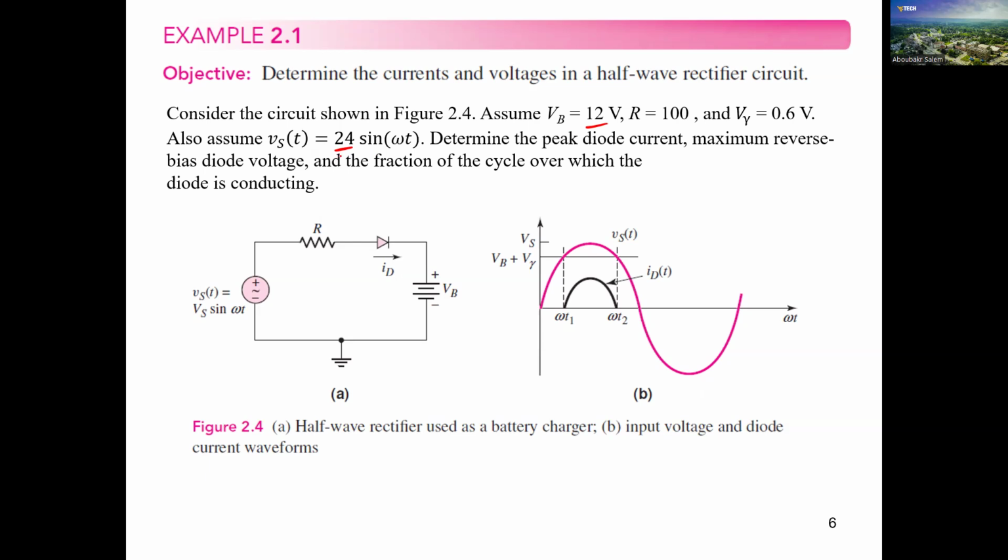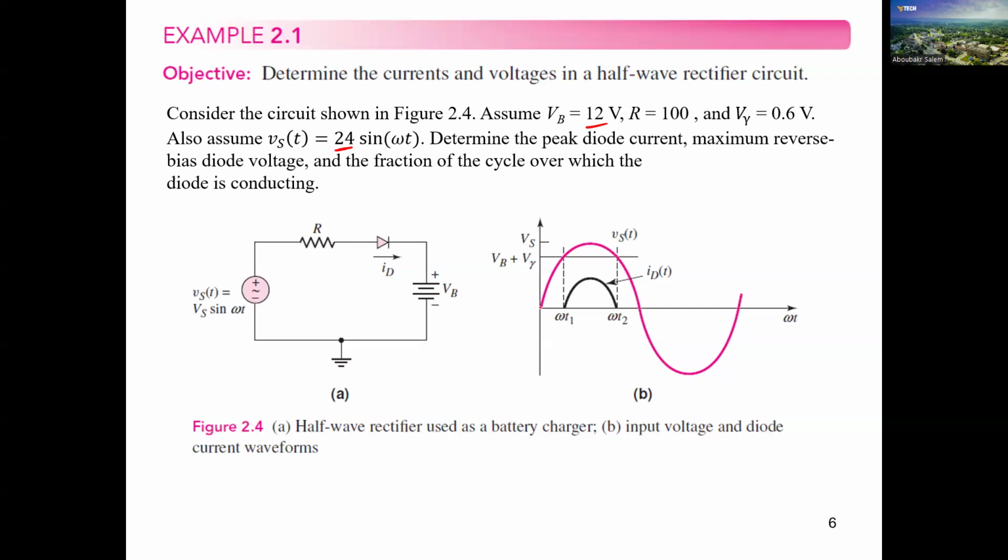What do we need here, guys? We need to determine the peak diode current. Then the maximum reverse bias diode voltage, the maximum reverse voltage across this diode, and the fraction of the cycle over which the diode is conducting. What is the meaning of the fraction of the cycle over which the diode is conducting?